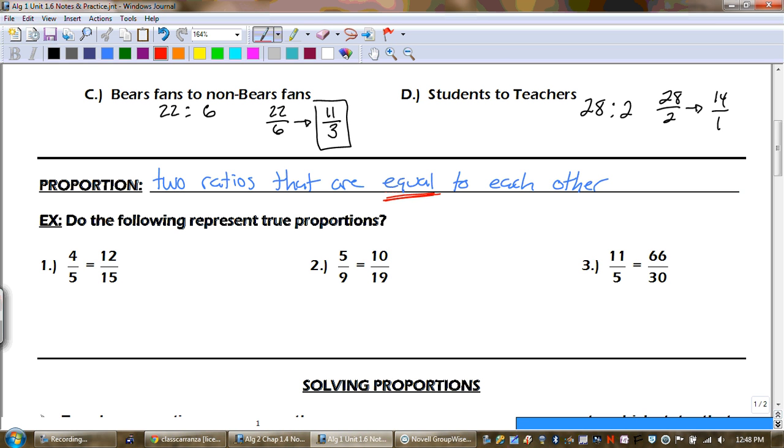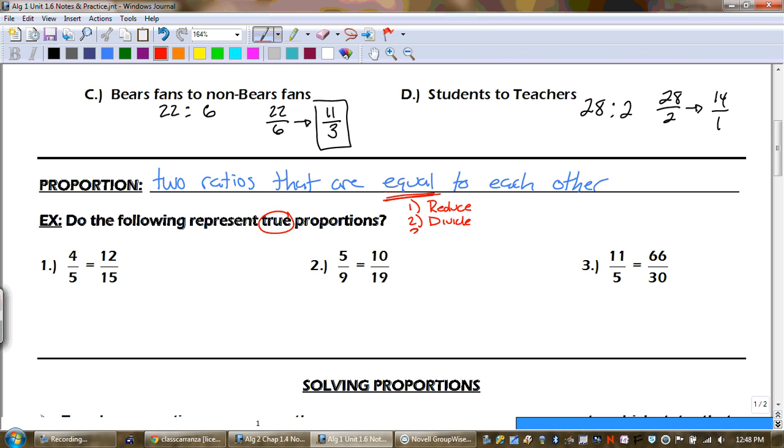Now, do the following represent true proportions? Well, how do we figure that out? You can do it 3 different ways. 1, you can see if they reduce. 2, another way you can check, you can see if they divide and equal each other.